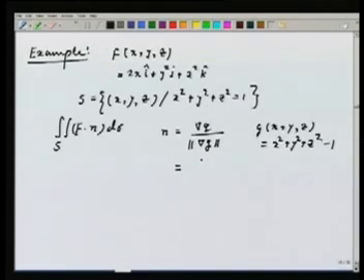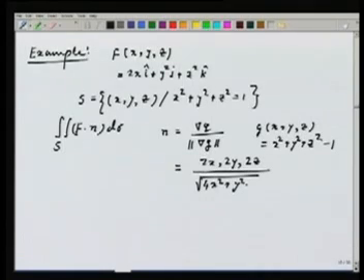What I get is then 2x, 2y, 2z, so this comes out to be just x, y, z.